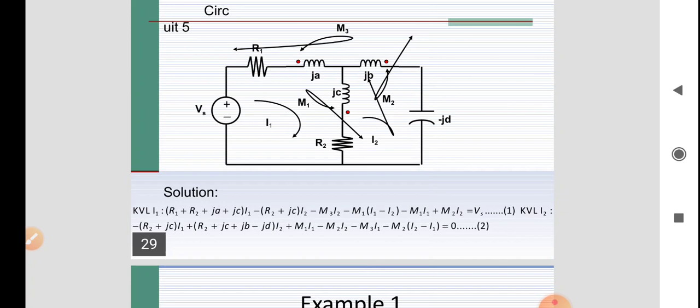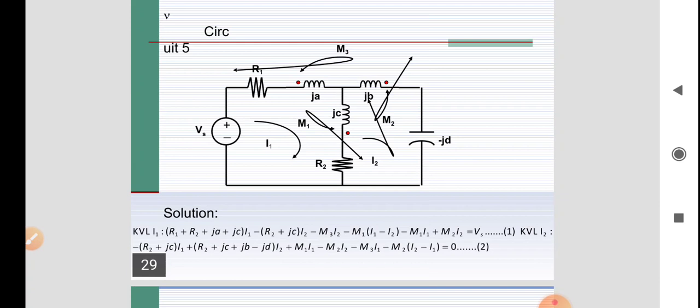Coming to the mutual inductances, M3 is present for loop 1, M1 is also present for loop 1. So here, in order to write down the M3, we need to check how the current is flowing. In case of M3, the current is flowing from dot to coil, but in the opposite, that is at the M1, the current is flowing from coil to dot.